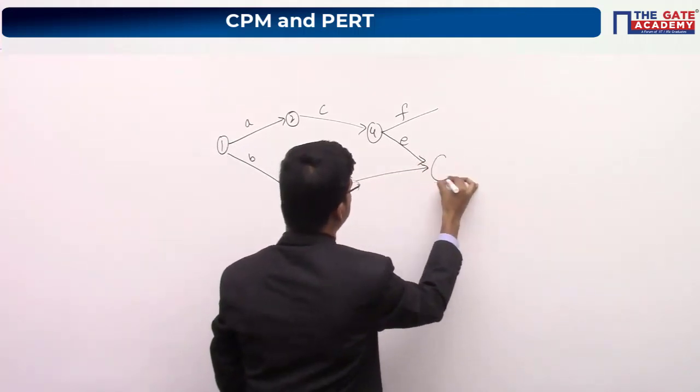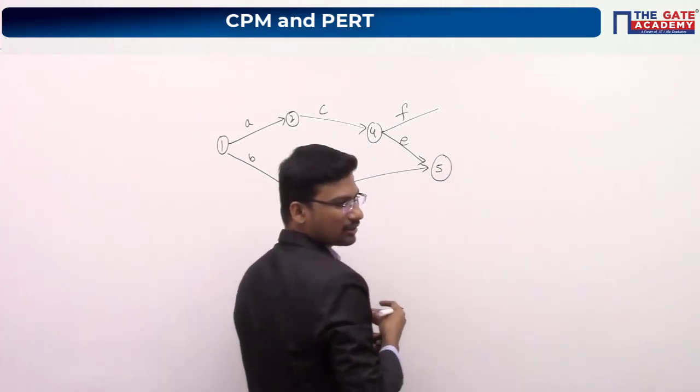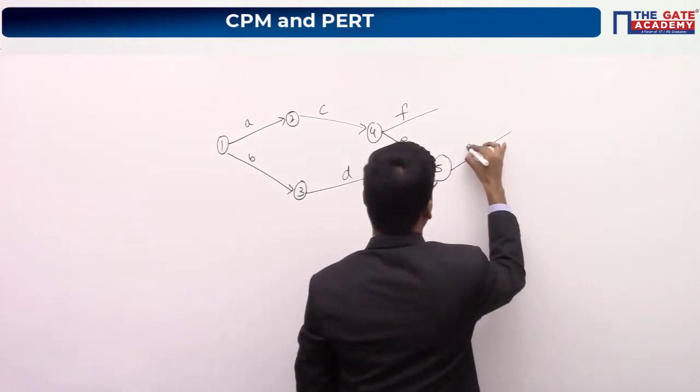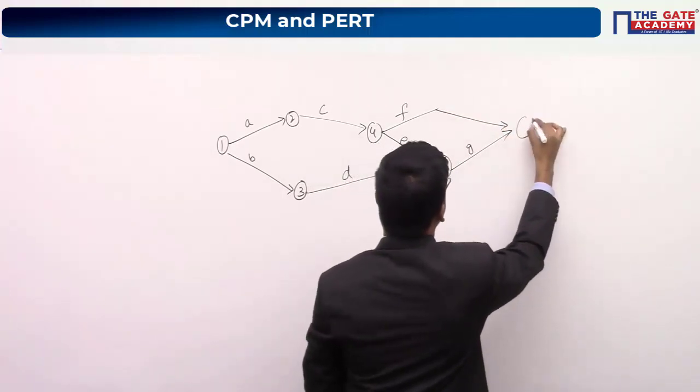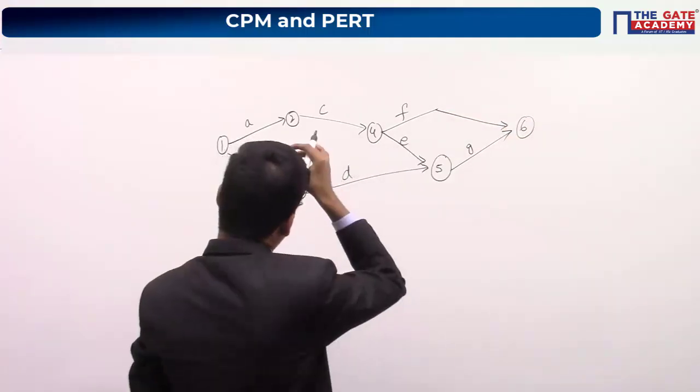After completing D and E, you have to start activity G. Join these two at a single node, let us say it is 6.